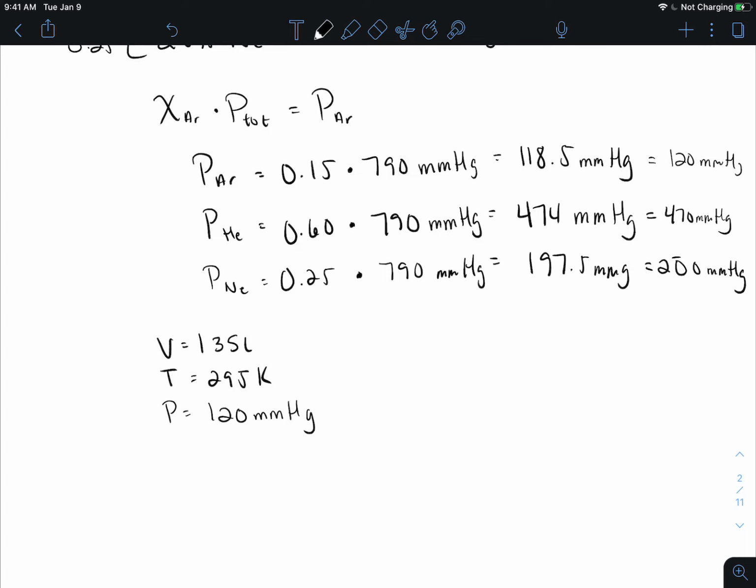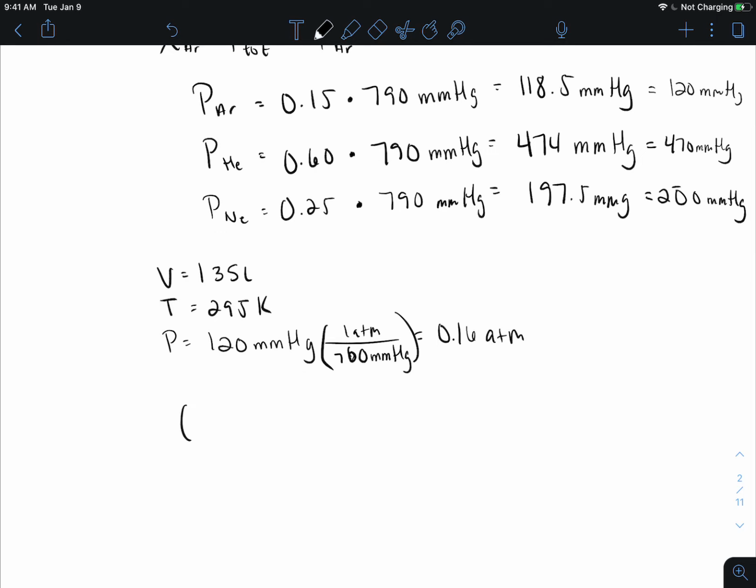The first thing we need to do is convert this from millimeters of mercury into atmospheres, which gives us 0.16 atmospheres, and then that can go into our equation.